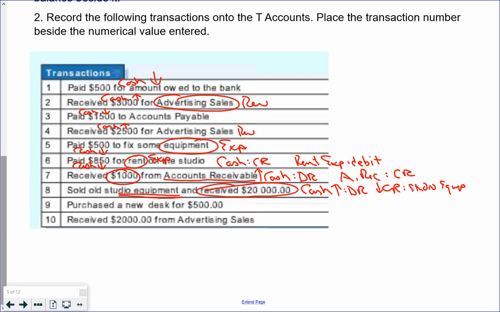You purchased a new desk. So we're going to assume you paid cash because it didn't tell you that it put it on account. If it says you charged it, then that would be an accounts payable because you put it on a credit card. But when it just says you purchased, that means you use cash. So cash went down. You used $500 to buy the desk.